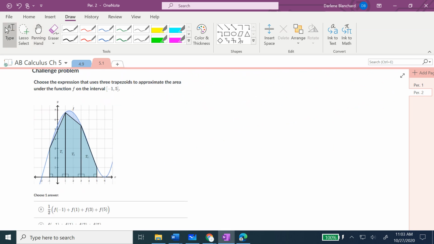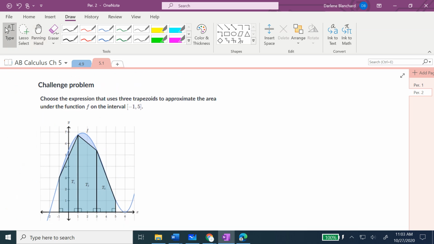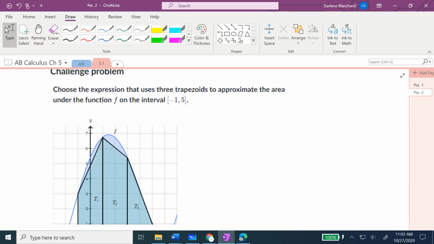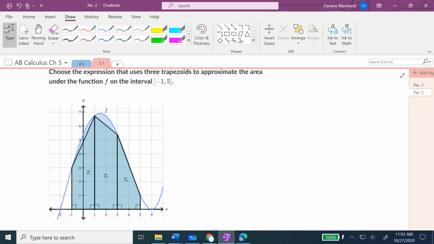Now, for this one, it's a challenge problem. Choose the expression that uses 3 trapezoids to approximate the area under the function f on the interval from -1 to 5. So to emphasize, -1 to 5. And you can see trapezoid 1, its height, trapezoid 2, trapezoid 3, those heights.